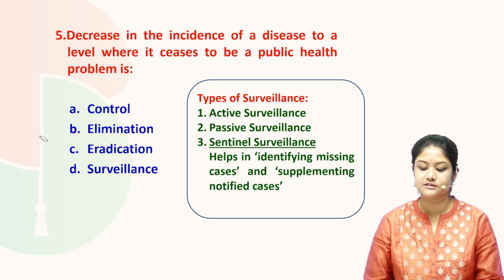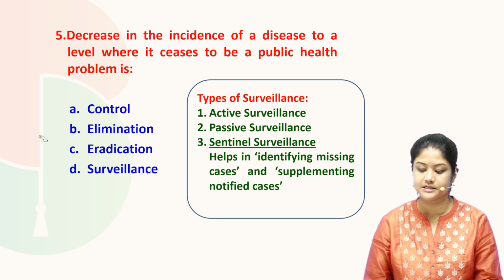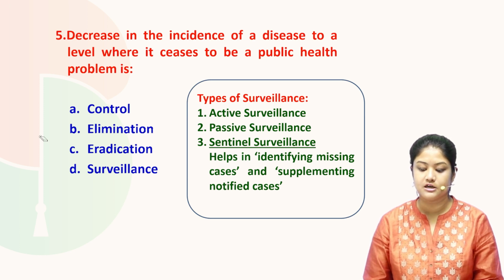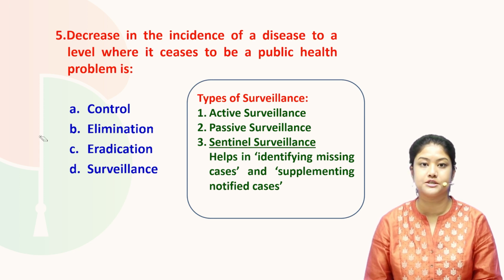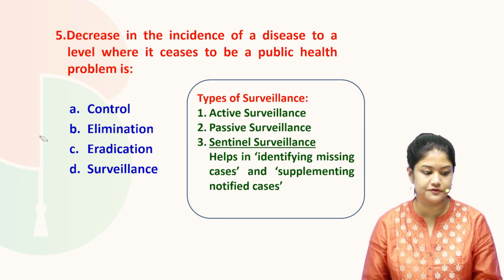So in sentinel surveillance, the keyword that we should be able to identify is identifying missing cases and supplementing notified cases. So these particular words, if given in the question, then we should be able to identify that the question is about sentinel surveillance.